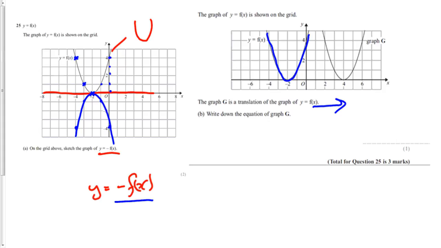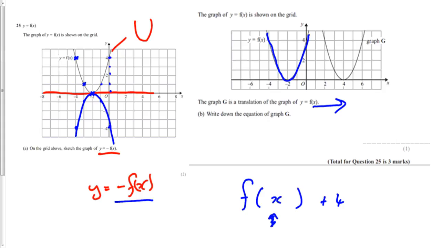One rule of thumb is that if you've got f of, and then we've got x, if anything is put inside the brackets, it means it's going left and right. If anything's put outside the brackets, so for instance a +4 on the outside, that means it goes up and down.